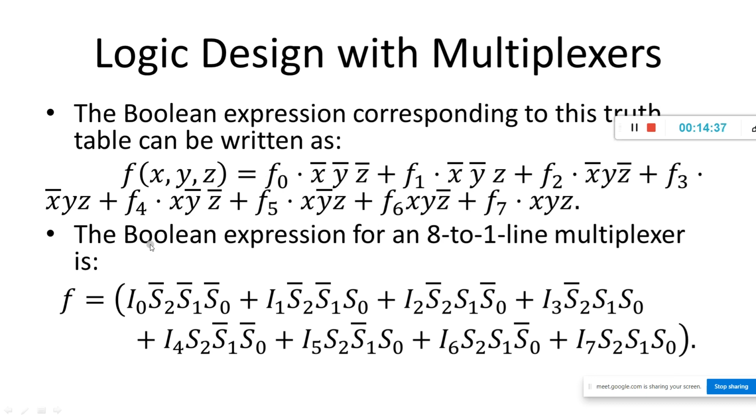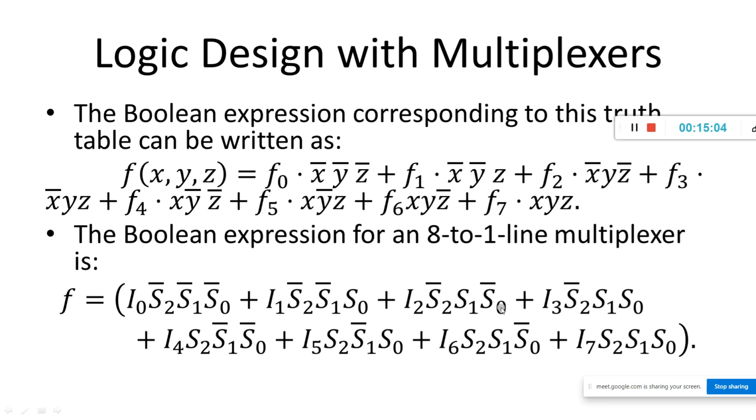In the previous slide we have seen the Boolean expression for an 8:1 line multiplexer. For the 8:1 mux we have 3 select lines, isn't it? S2, S1, S0. If all the select lines are 0, 0, 0, then the I0 data line is selected. Plus, if it is 0, 0, 1, the I1 data line is selected.